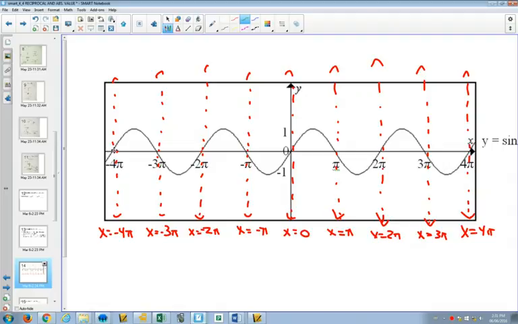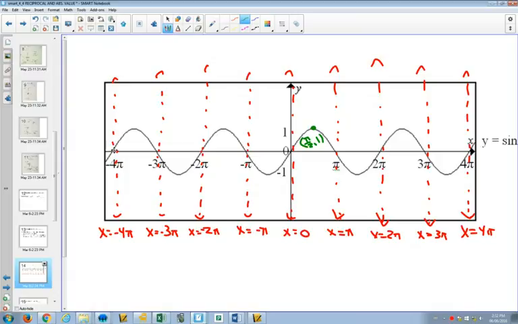So the next thing you can do is graph some points. Well, what's going to happen right here at that maximum point? If we labeled that point, we would know that that's at pi over 2 comma 1. The only thing that changes with reciprocal is your y value becomes 1 over y.